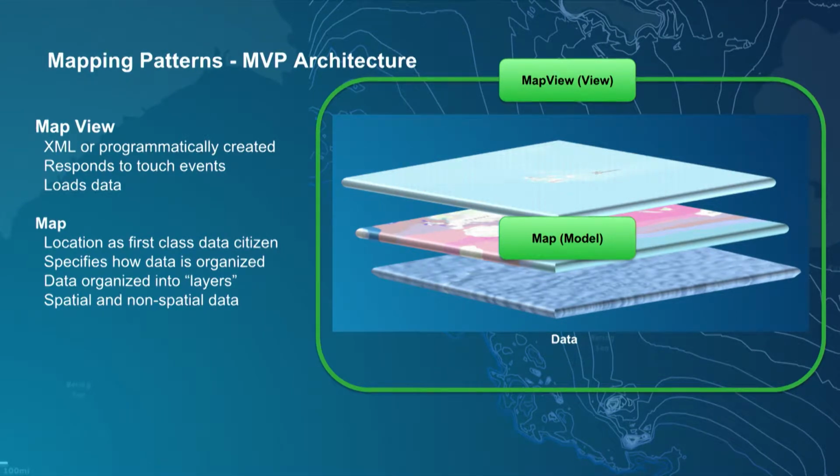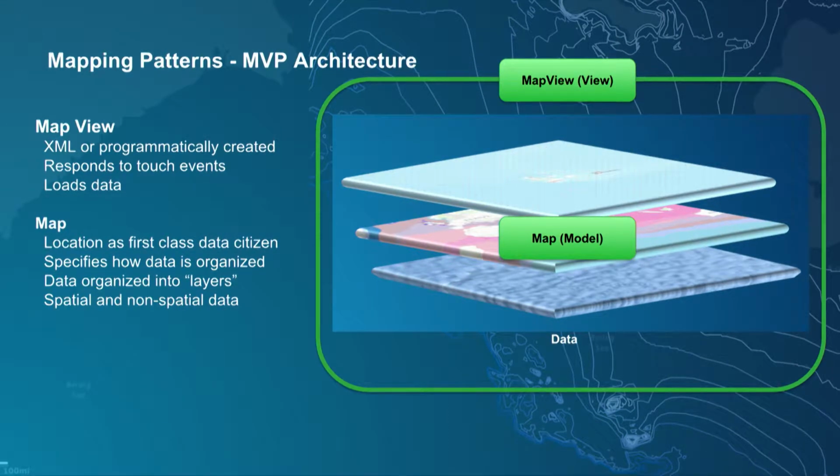It's responsible for showing you the content of the maps. It's the view that you see in the app, and it extends from the view group, so it has a lot of the same things you would expect, like responding to touch events. It's responsible for loading the data into the view. So that's the V in the MVP, and then we have the map, which is the model.